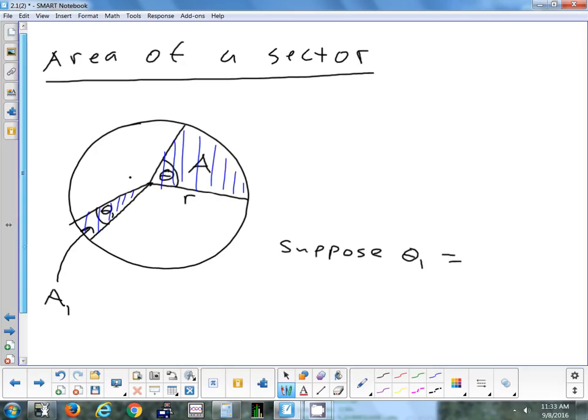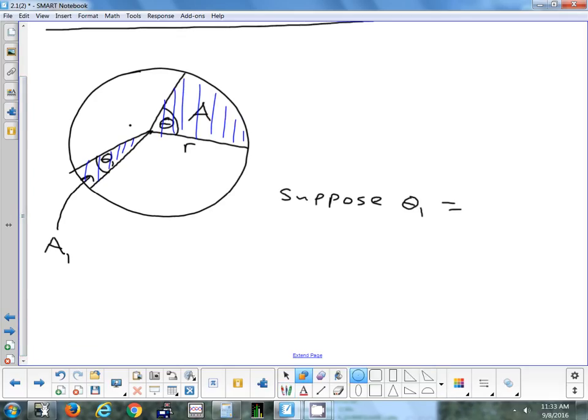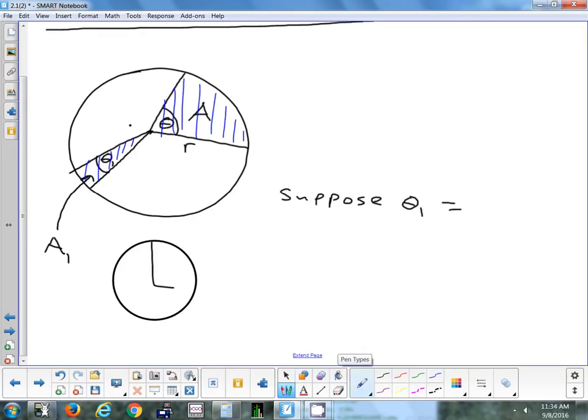All right, let me give you a hint. Let's start with this picture. What's the angle there in that picture? Okay, so that's a 90-degree angle.